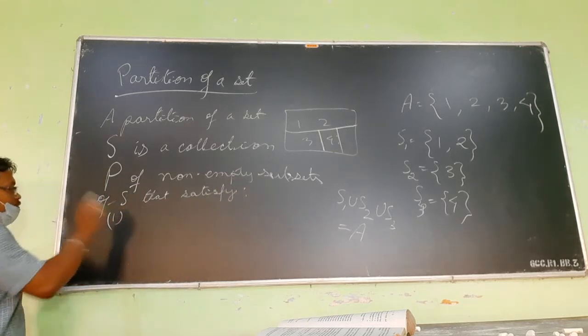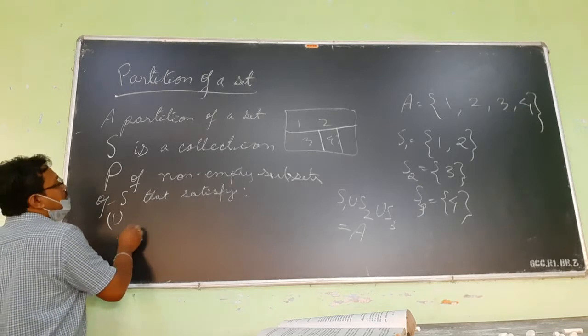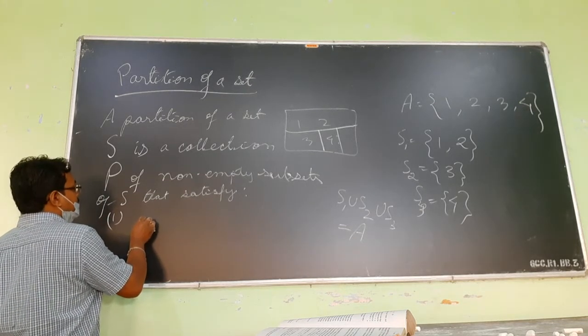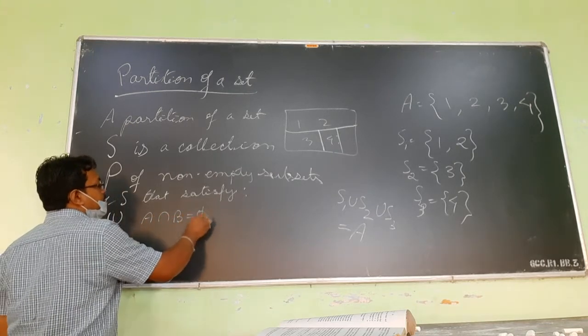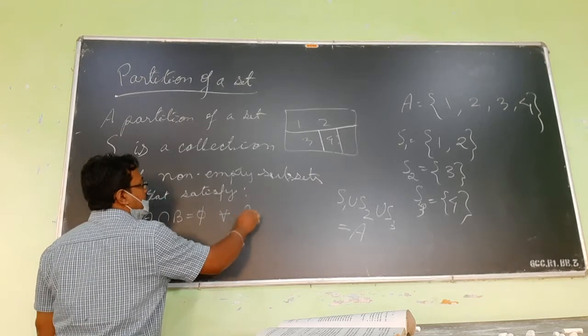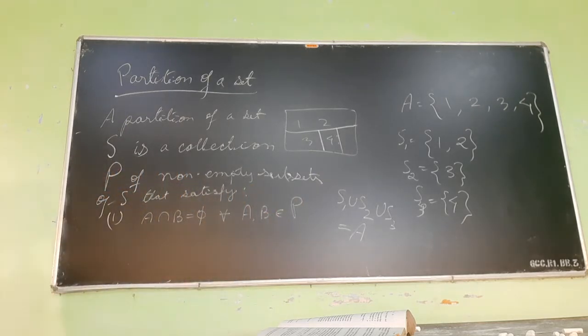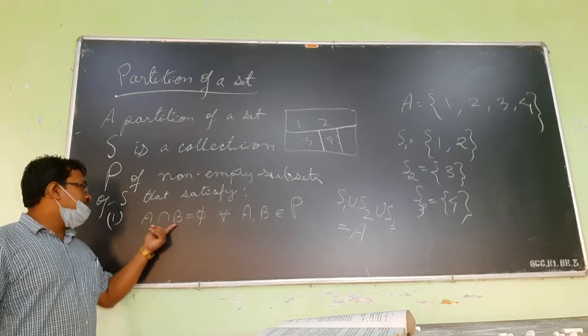two properties. Number one, they are mutually disjoint. So we can write that as A intersection B equal to phi for all A, B inside P. If you take two sets from P, where P is a collection of non-empty subsets of S, then A intersection B is phi.